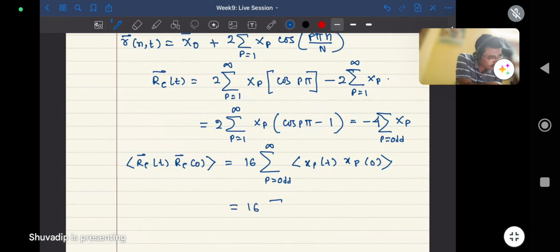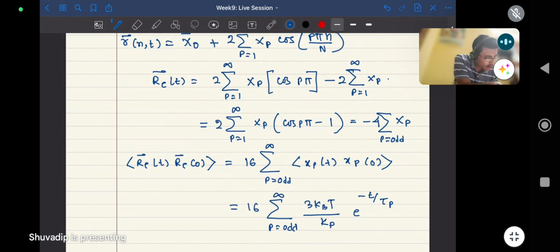This is already calculated somewhere in the lectures: this quantity is given by 3 k_B T by k_p e to the power minus t by tau_p. Please check the calculation in the lectures, where tau_p is given by tau_1 by p squared.